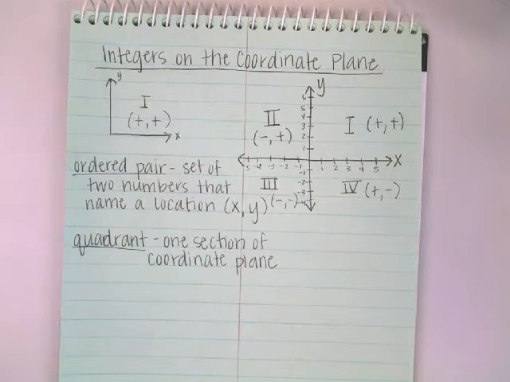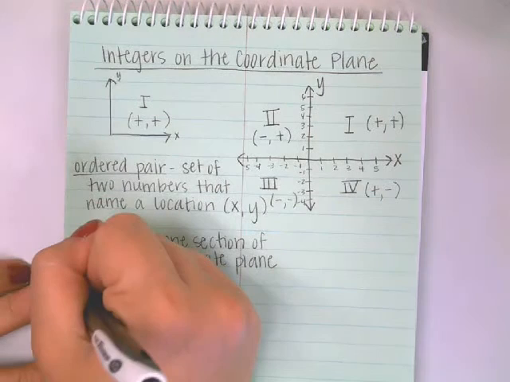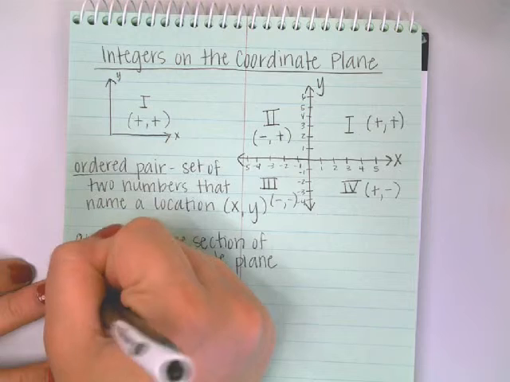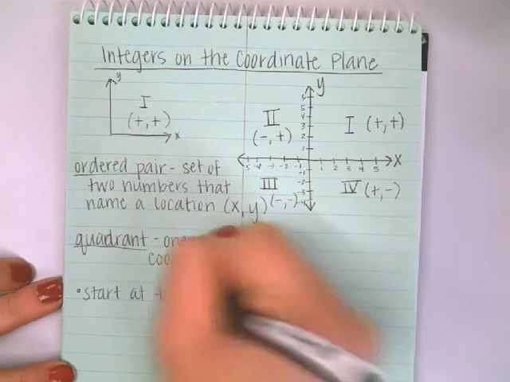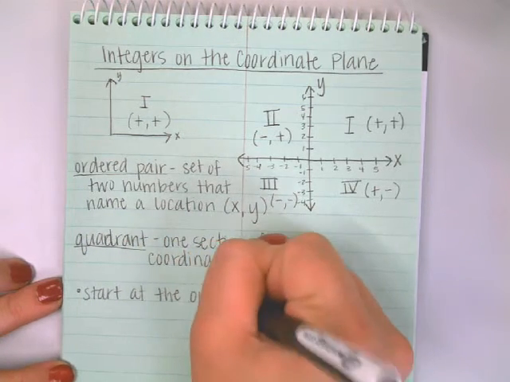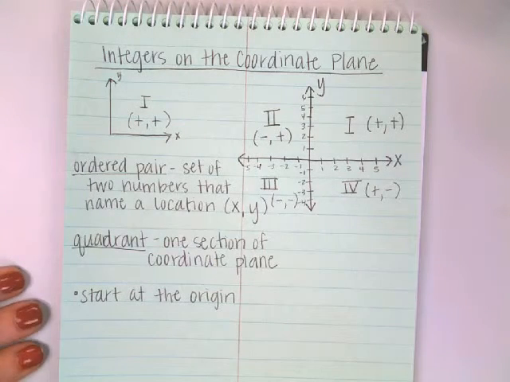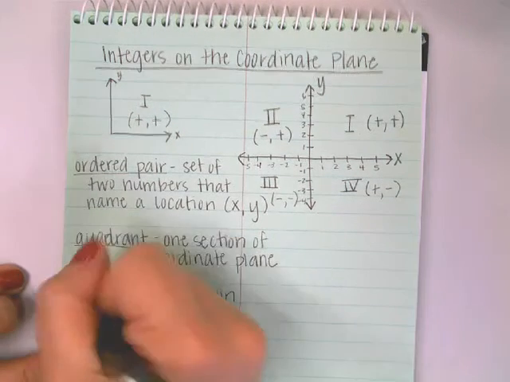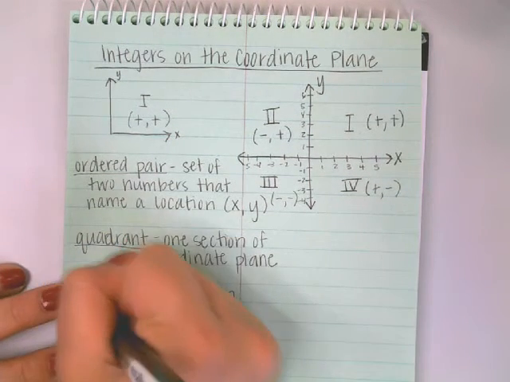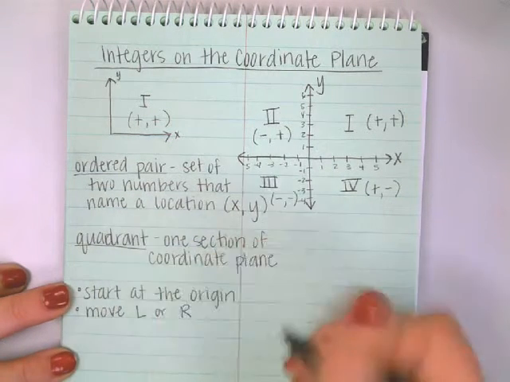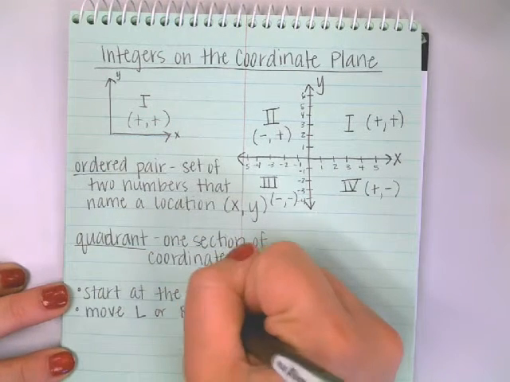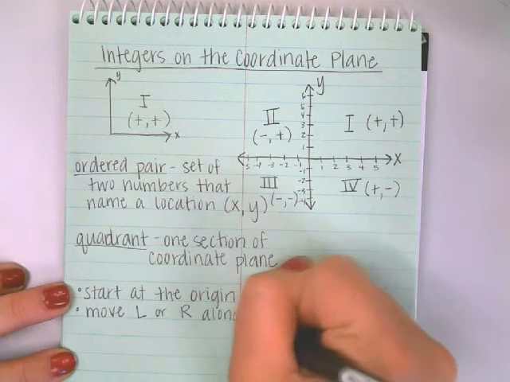All right. So, basically, it's the same thing. We start at the origin. And then depending on what our x coordinate is, you move left or right along the x-axis.